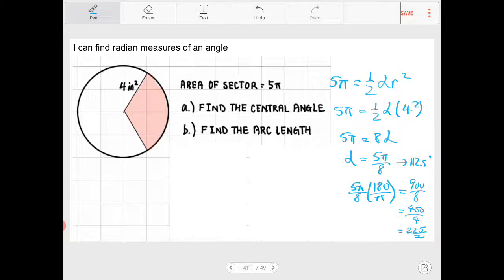Then similarly, I have to find the arc length. If I know the angle measure in radians, which I figured out over here, 5 pi over 8, the arc length is simply 5 pi over 8 times the radius, which in this case is 4. So what is the arc length going to be? The arc length will simply be 5 pi over 2 inches.